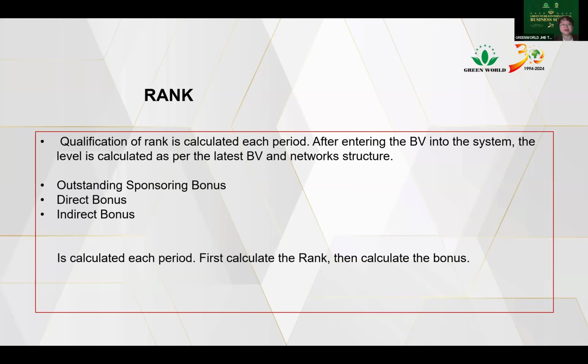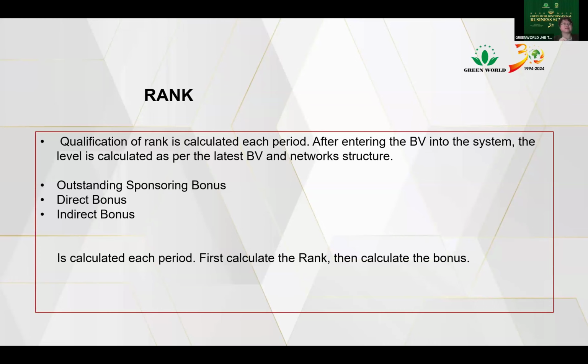Also, the outstanding sponsoring bonus, the direct bonus, and the indirect bonus, these three bonuses are calculated each period. So first we calculate the rank, and then we calculate the bonus.